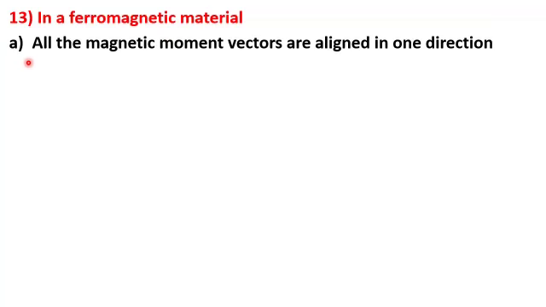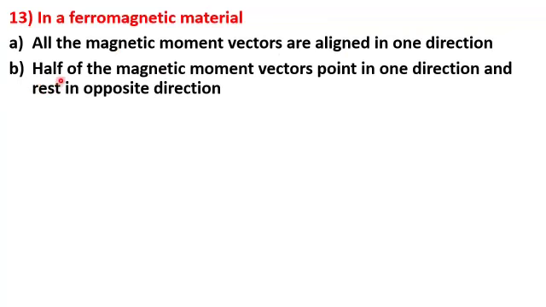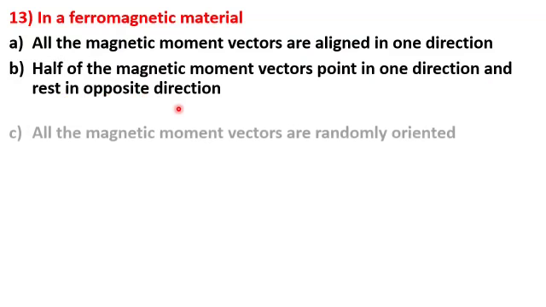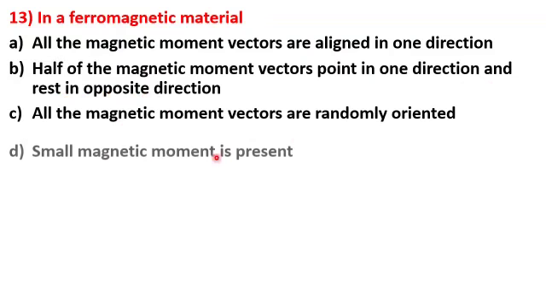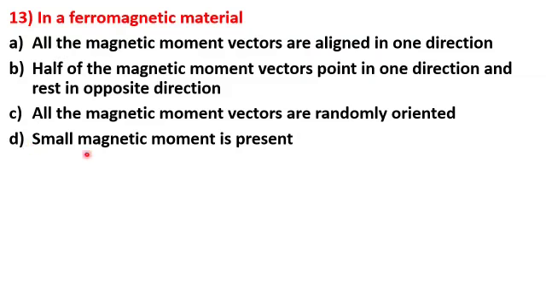Question number 13. In a ferromagnetic material, option A, all the magnetic moment vectors are aligned in one direction. Option B, half of the magnetic moment vectors point in one direction and rest in opposite direction. Option C, all the magnetic moment vectors are randomly oriented. Option D, small magnetic moment is present.